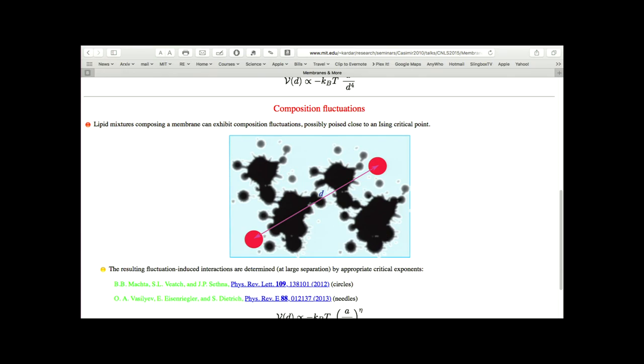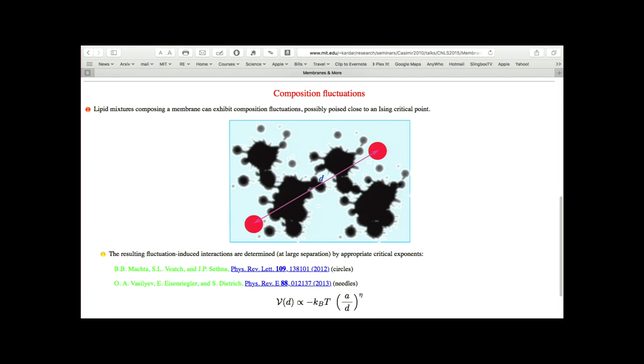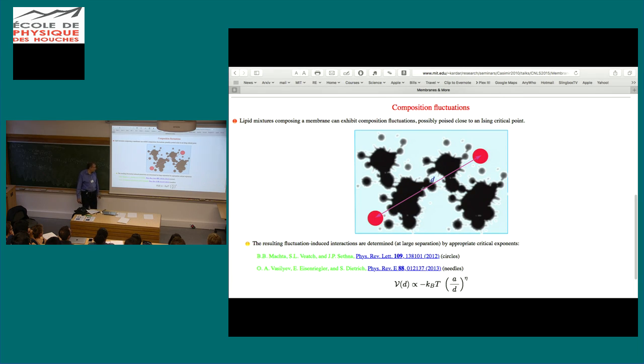More recently, this group, Mahta, which Jim Setna proposed that for actual membranes that are a clean version of what we have in our red blood cells, it's a mixture of two lipids, and the two types of lipids tend to phase separate and form domains.